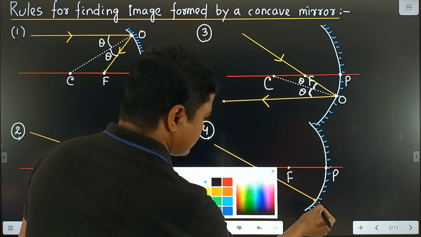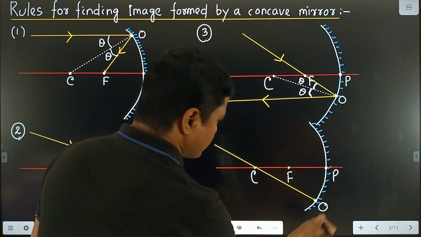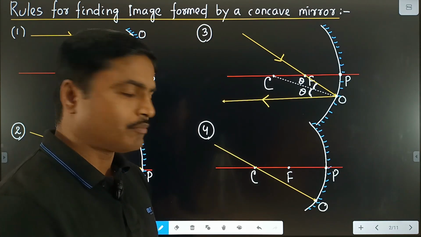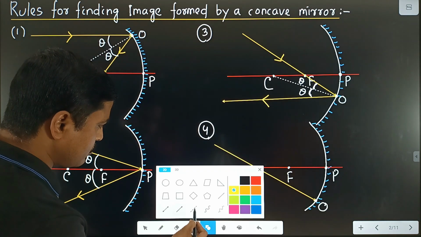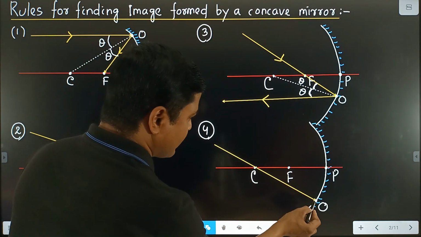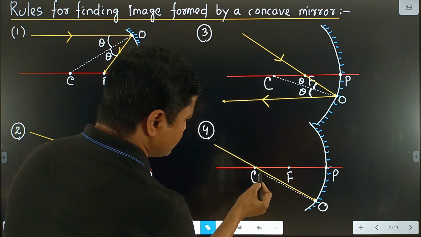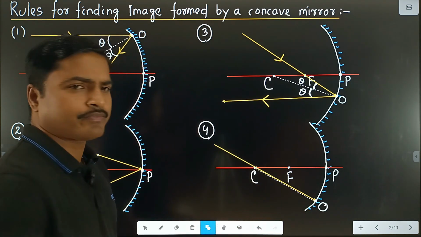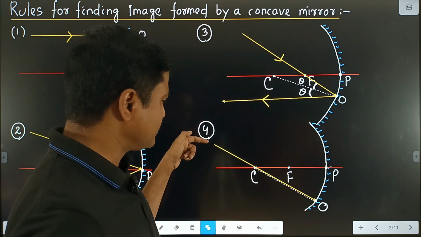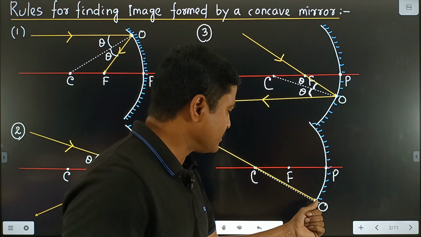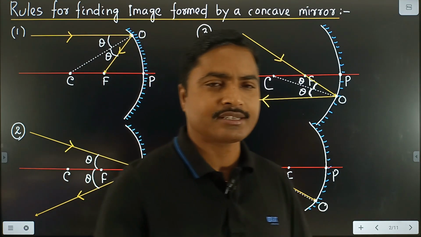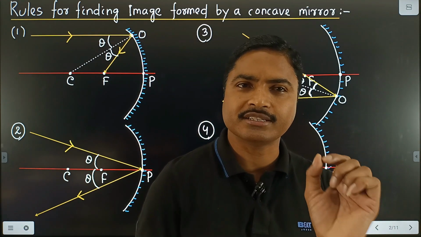The incident ray strikes the reflecting surface at point O, then we draw the normal at point O, and you know, the normal is always passing through the center of curvature. That means same line, this one is the incident ray and this one is the normal, both are same, so the angle of incidence is 0.